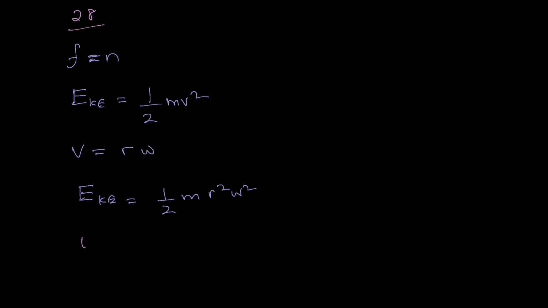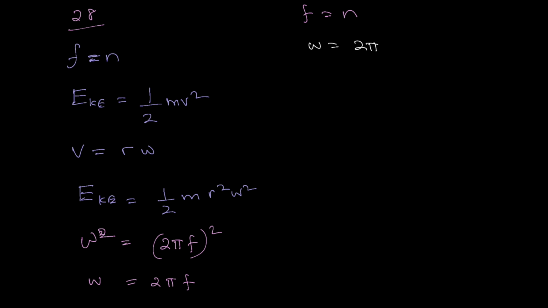But omega squared is going to be 2 pi f all squared, because omega is 2 pi f, but f is n, so we can write omega is 2 pi n, and omega squared is 4 pi squared n squared. Therefore, the kinetic energy will be equal to a half m.